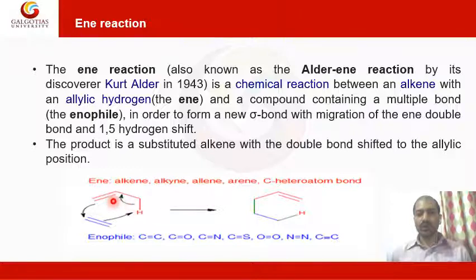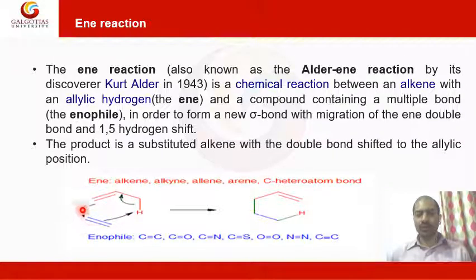In this reaction, the alkene reacts with the enophile, and the hydrogen migrates and attaches here. The double bond shifts over here, and the other double bond forms a sigma bond, making a bond with the hydrogen which is broken from here.